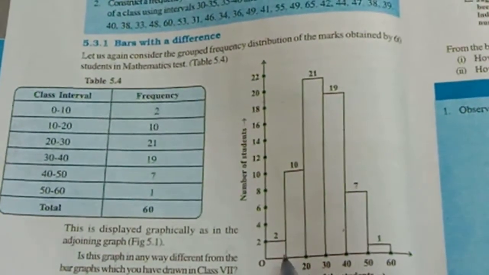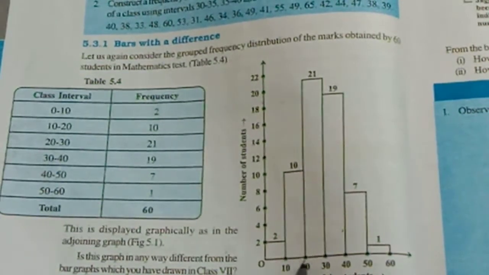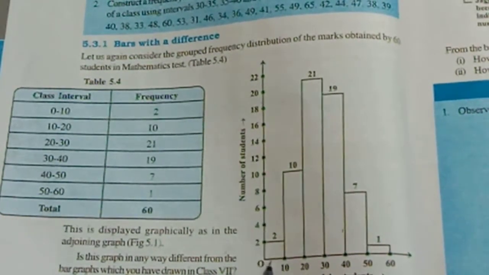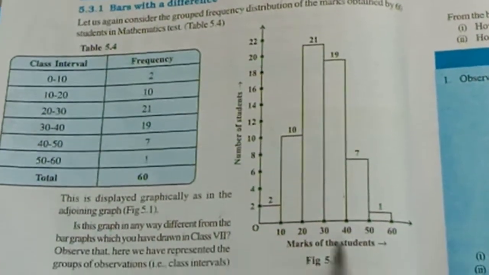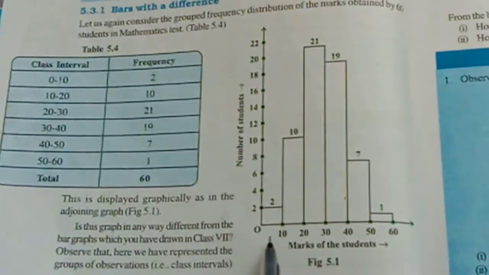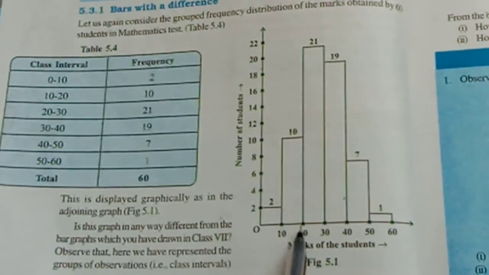But as the ranges are continuous, they are interconnected. So 0 to 10, see the marks of the students given here, 0 to 10. After that 10 to 20, there is no gap, as we have shown in the bar graph.